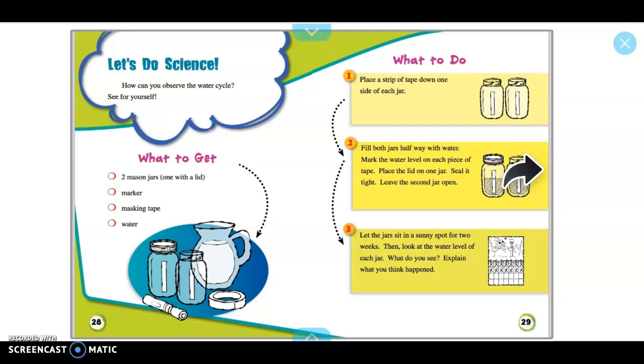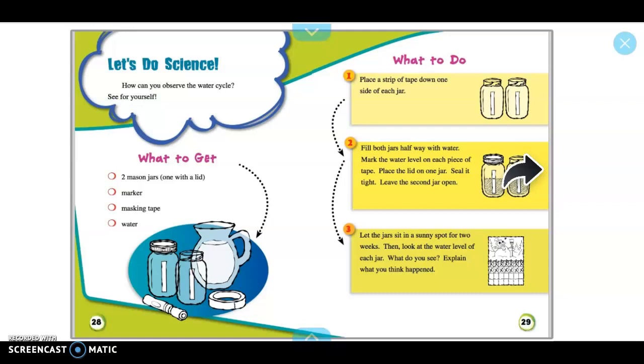So what to do? Instruction number 1, place a strip of tape down one side of the jar and then fill both jars halfway with water. Mark the water level on each piece of tape. Place the lid on one jar and seal it tight. Leave the other jar open.